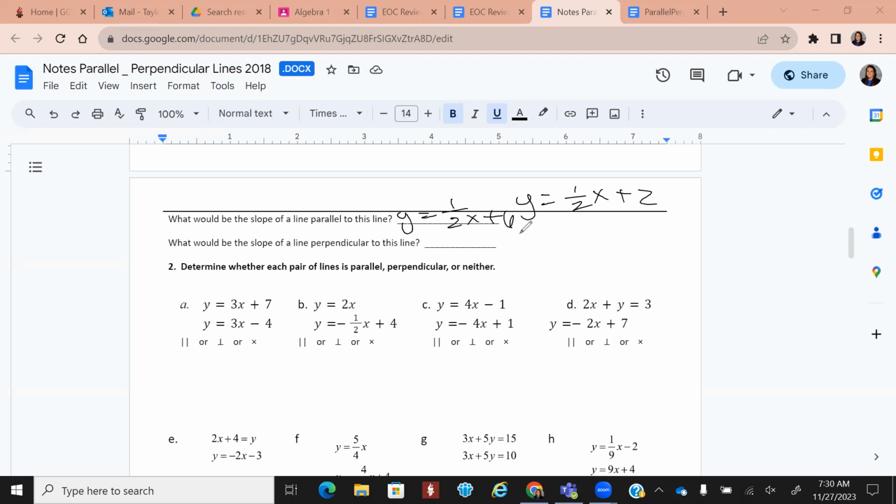If I wanted to write a line with a perpendicular slope, then it would have to have the negative reciprocal. So if I take the fraction 1/2 and I want to make it into a negative reciprocal, I'm going to flip the fraction. So that's going to be 2 over 1, and I'm going to put a negative out front. So this slope would be -2. And so you could write an equation, y equals -2x plus whatever number you want.